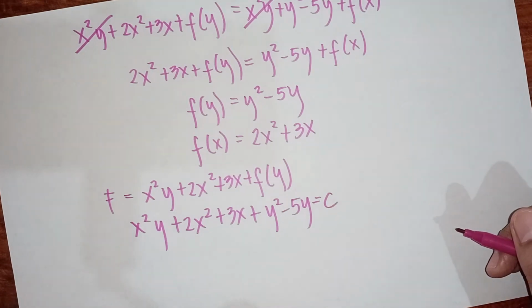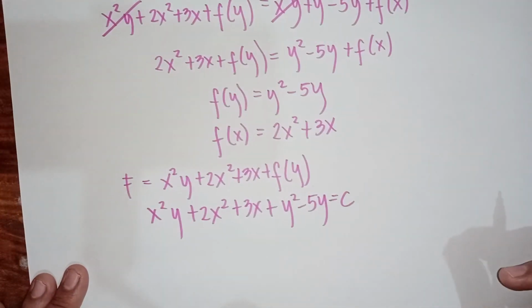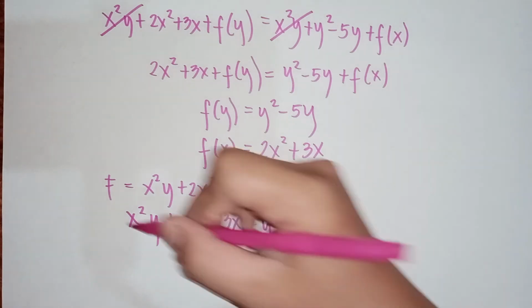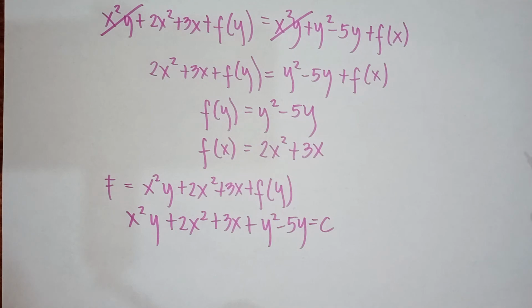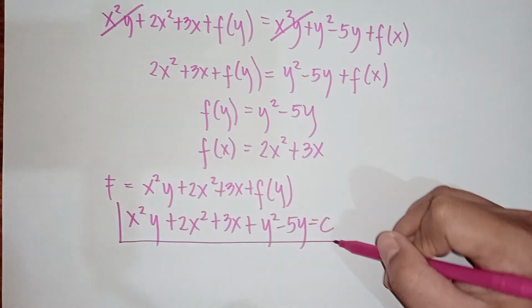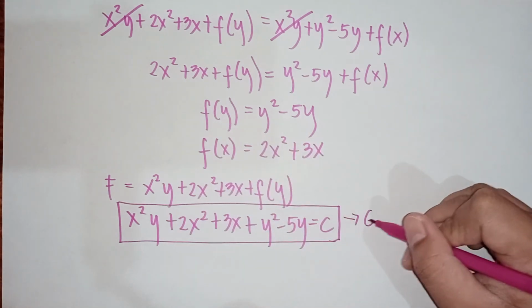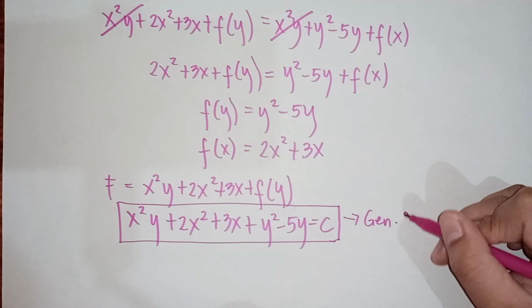Okay? Equals c. Now, by simplifying, we have, okay, so eto na pala, wala naman tayong similar terms, so hindi na natin pwedeng i-simplify. So this is now the general solution of our exact ODE.